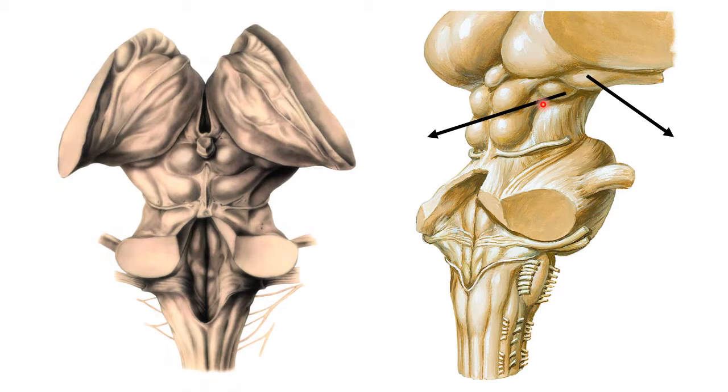Between the superior colliculus and the posterior end of the thalamus, the junction is called the brachium. Here you can see the brachium of the superior colliculus, where it overlaps with the posterior end of the thalamus, the pulvinar.